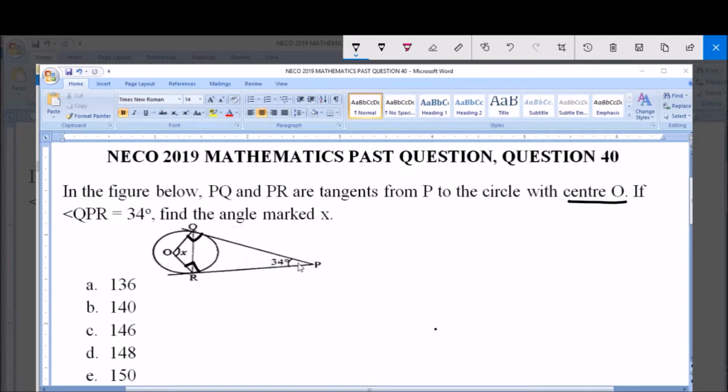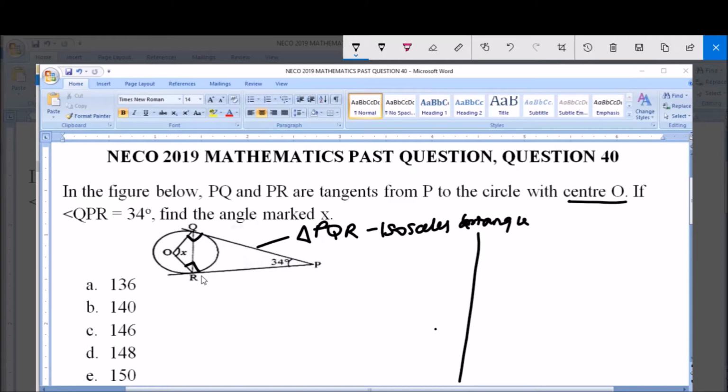Now this is a line drawn for us. If you look at this triangle with this line, you notice that triangle PQR is an isosceles triangle. So to find each of these angles is very easy.